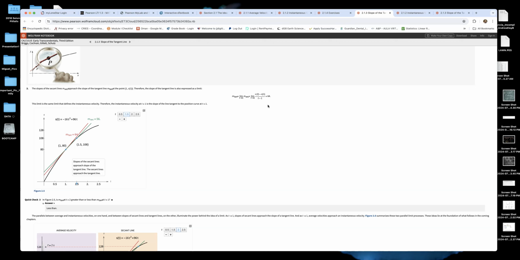The secant line has as its limit, in this exercise, the tangent line at that point, and the slope of the secant line tends in the limit to the slope of the tangent at that particular point. That's what is called the instantaneous velocity.